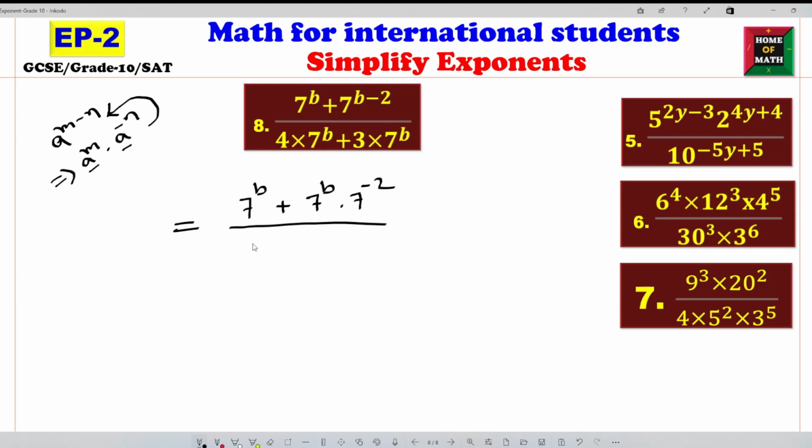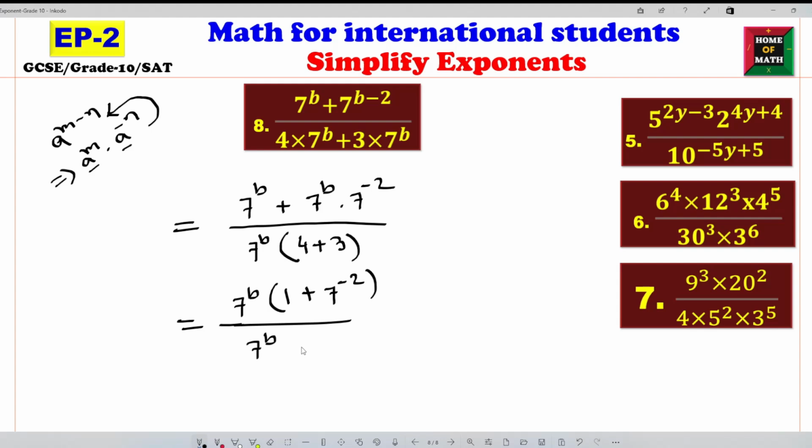In the denominator, we can take common 7 to the power b. So here is 4 plus 3, right? In the numerator, we also take common 7 to the power b. So here is 1 plus 7 to the power minus 2. And here 7 to the power b, 7 plus 3, means 7.